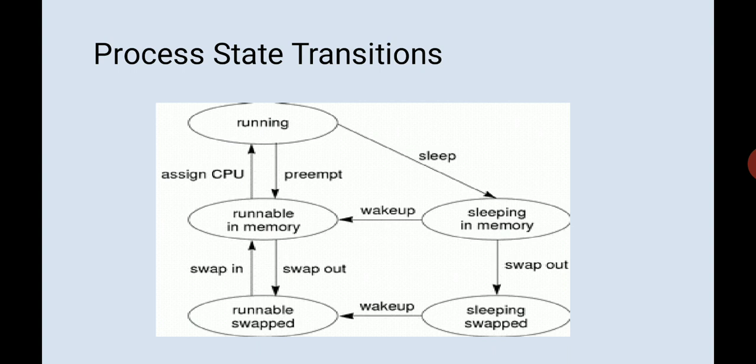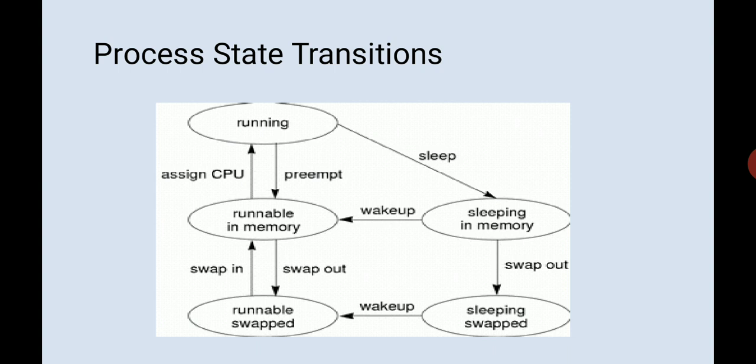If it is sleeping, it goes to sleeping in memory. When it wakes up, it comes again to runnable in memory, and from there it goes to running. From runnable in memory, it can be swapped out to runnable swapped, and from sleeping in memory, it can go to sleeping swapped. So from memory it can be swapped out also.